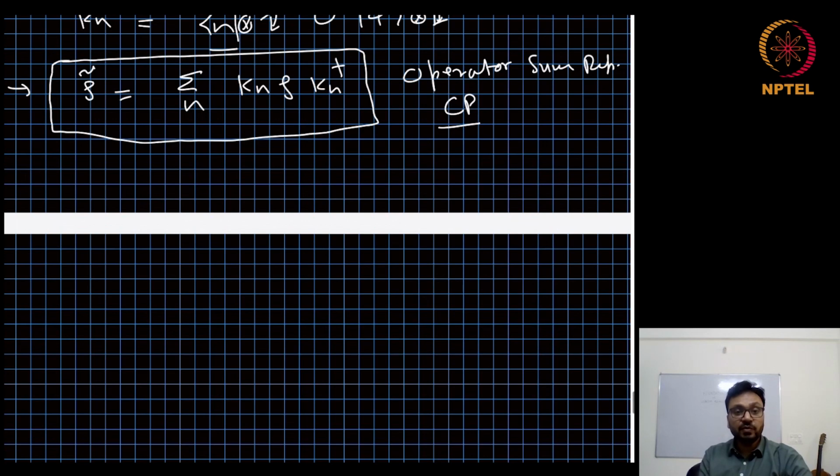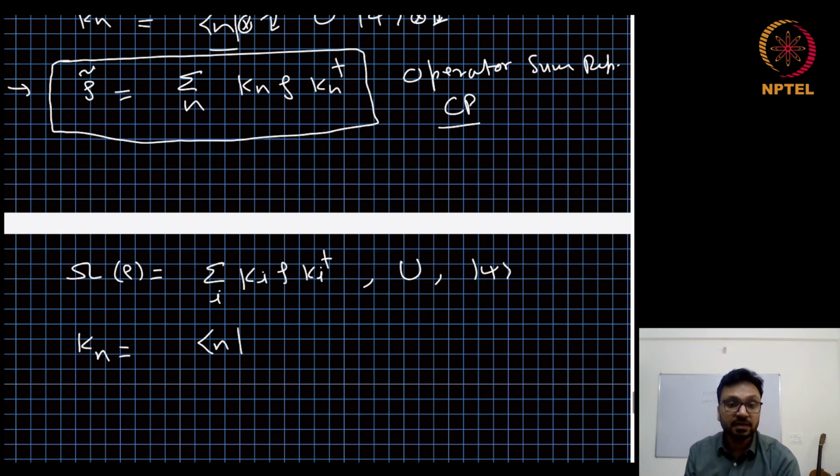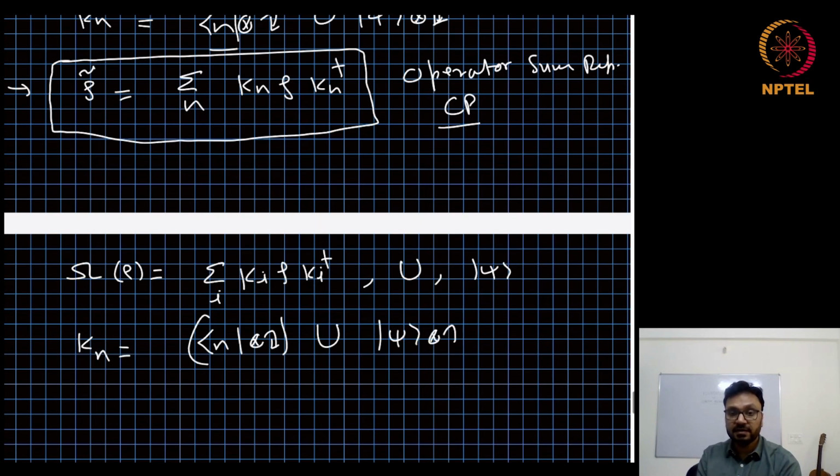But the next question we want to answer is, given a completely positive map omega, whose action is represented by sum over i Ki rho Ki dagger, can we find a unitary operator U and the state psi corresponding to this set of operators Ki? Now you see Kn is n, which let us take to be the computational basis, tensor identity, U, and psi tensor identity.